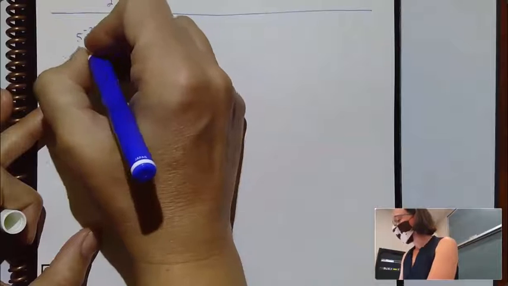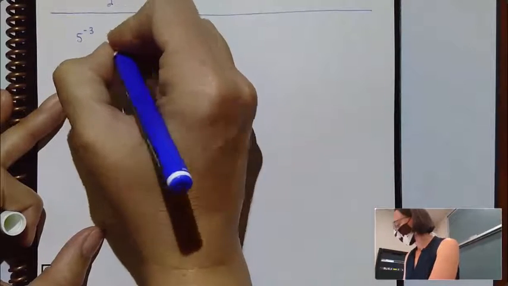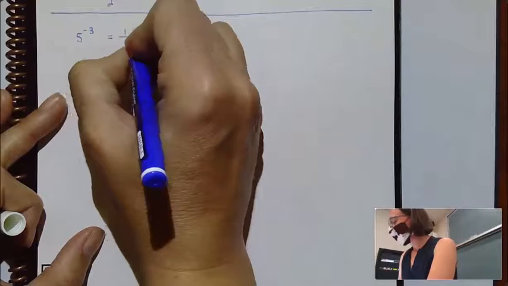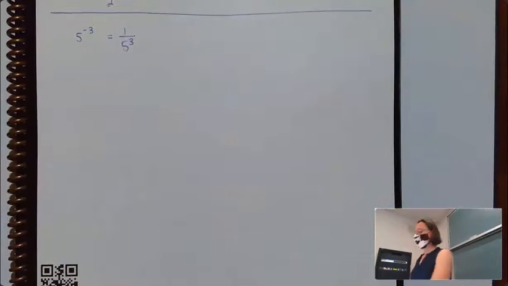We have 2 ways, or at least 2 ways, that we can think about this. One common thing that I hear is that the negative basically means that it's on the wrong side of a fraction bar.